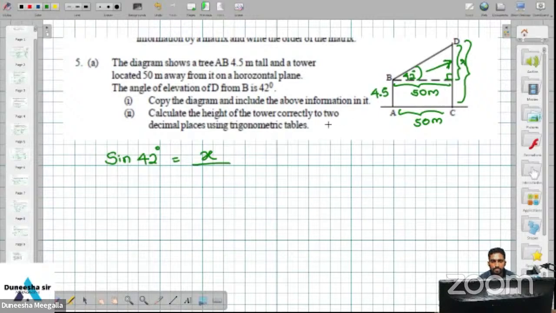Then what is the adjacent? The adjacent is 50. Sine 42 equals opposite side divided by adjacent side.